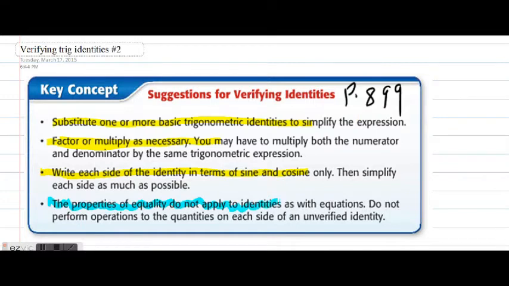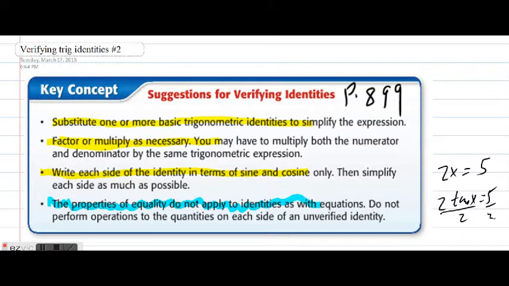So this very last one, all right? Blue is probably not the best, but the properties of equality. So that means when you can't do something to both sides. Like if I gave you 2x is equal to 5, or 2 tangent of x is equal to 5, I'm just making things up.